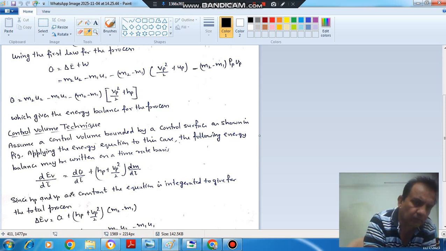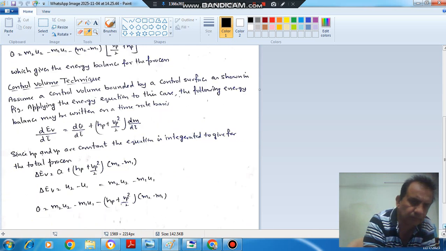Or further we can write it as delta Ev equals Q plus (hp plus Vp square by 2)(M2 minus M1), because dm is the change in mass, and for the final time it will be M2 minus M1.